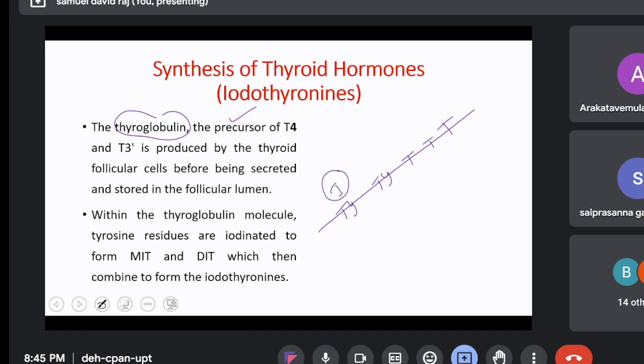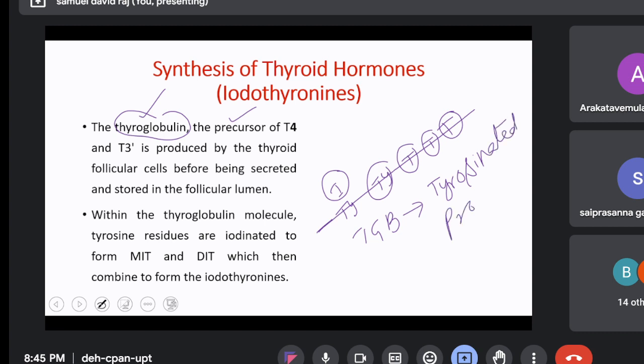So thyroglobulin is a must for the synthesis of thyroid hormones. This thyroglobulin, a large protein containing more tyrosine residues, is also called tyrosinated protein, and this acts as the precursor.